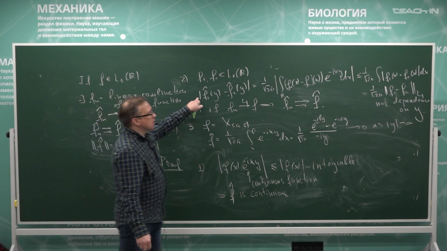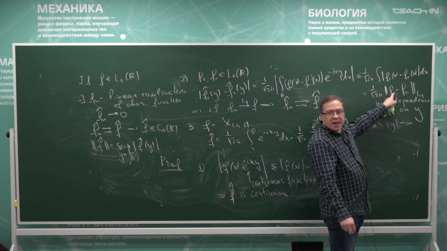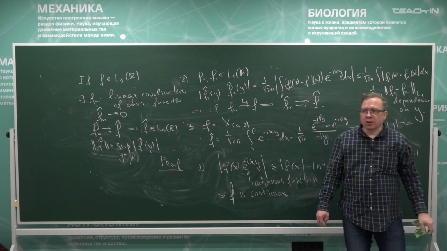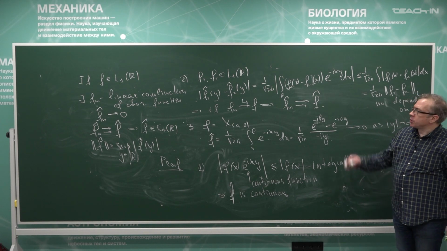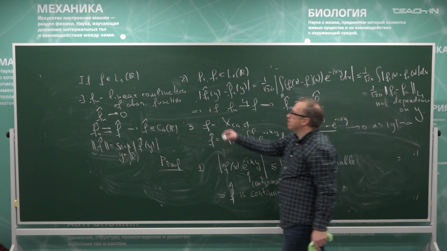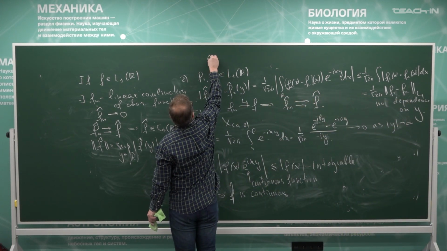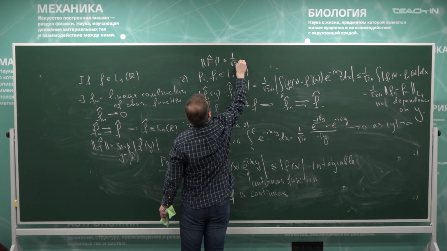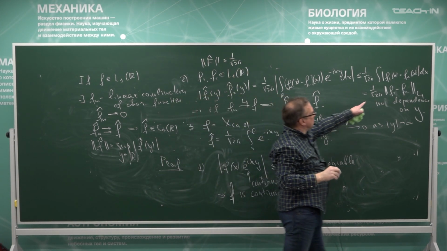So we can take the supremum here, but the estimate does not depend on y. What is the estimation for the norm of the Fourier transform operator, if we consider it from L1 to C0? It is not more than this.